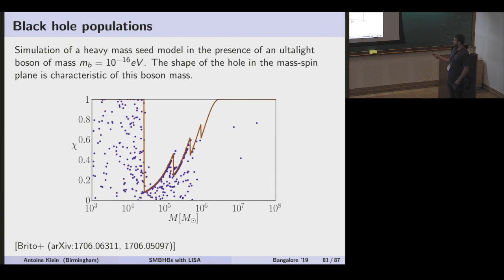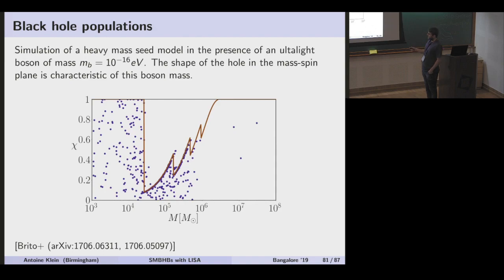Here's a simulation. This is the form of the hole that you create if you have a 10^-16 eV boson. Between a few 10^4 and a few 10^6, you drive down the spin of any black hole that's created inside this region.